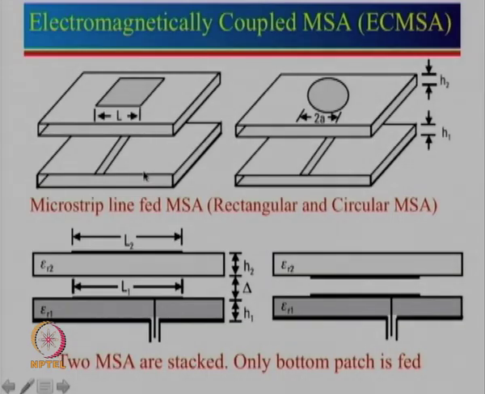For a microstrip line, we want the radiation to be as low as possible. So, we generally use a higher epsilon r substrate and a thin substrate, so that the fringing fields are relatively less.